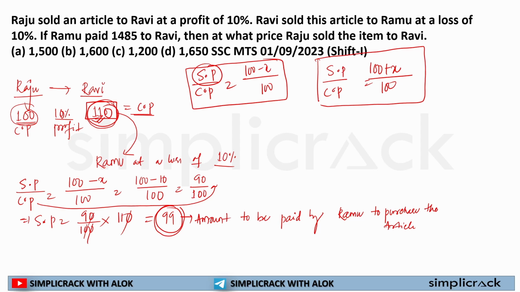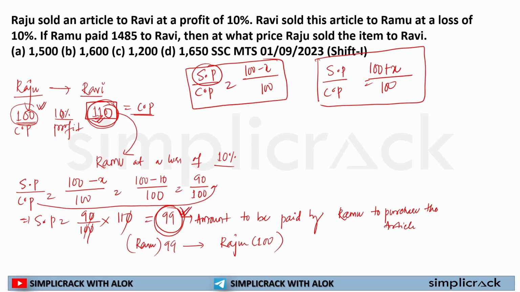So now Ramu purchased the article at 99. This is for Ramu. The article price is 99 for Ramu when the article price is 100 for Raju. In this case, the same article was sold. So the same article was 99 for Ramu, but 100 for Raju.